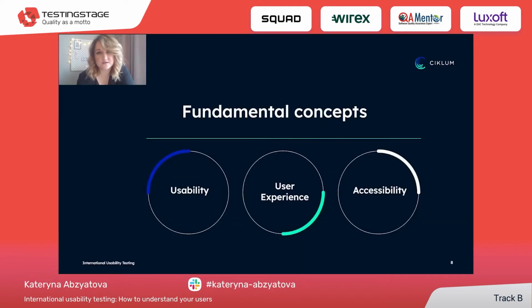Next, we will talk about some fundamental concepts for usability evaluation. We divide it into three parts: usability, user experience, and accessibility. Usability is more focused on the direct interaction between user and application.